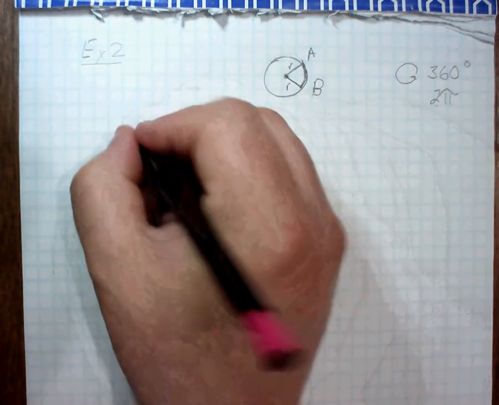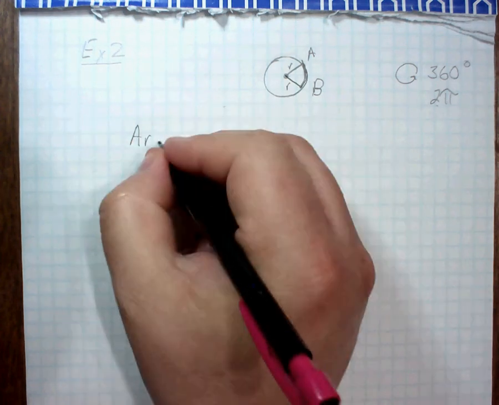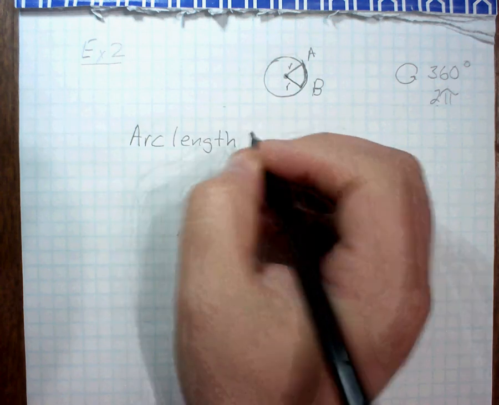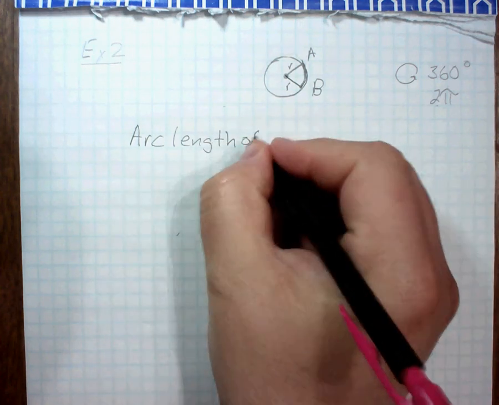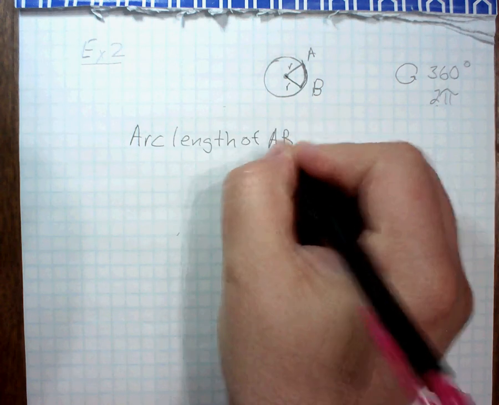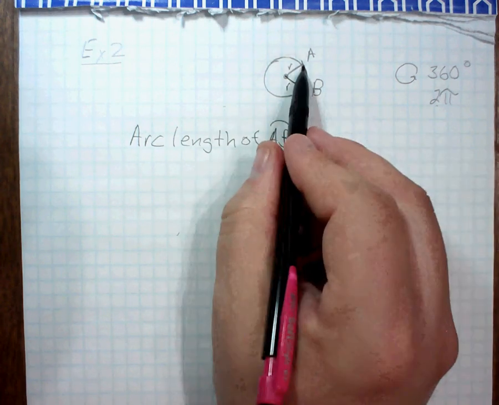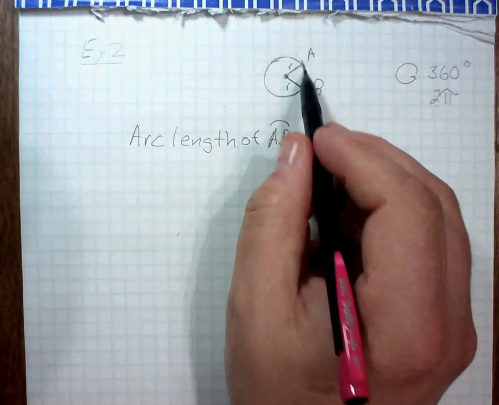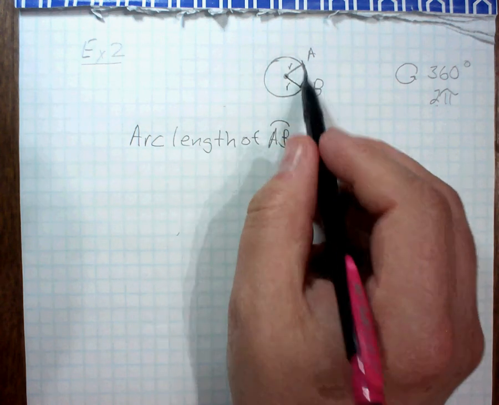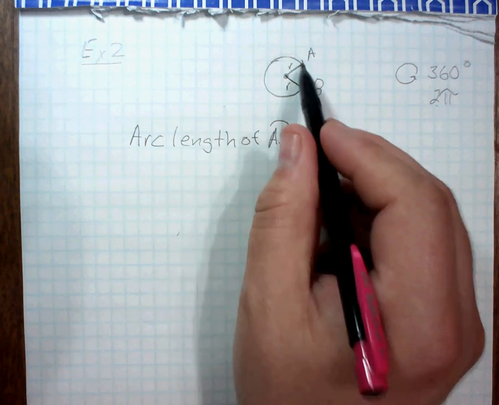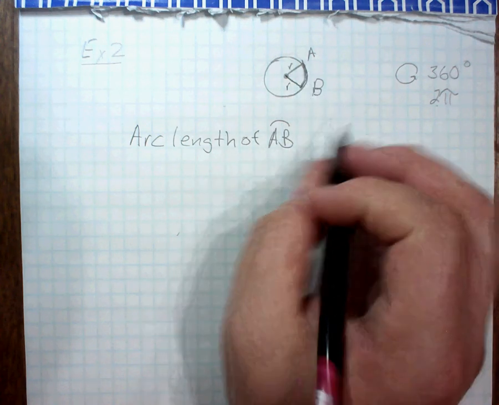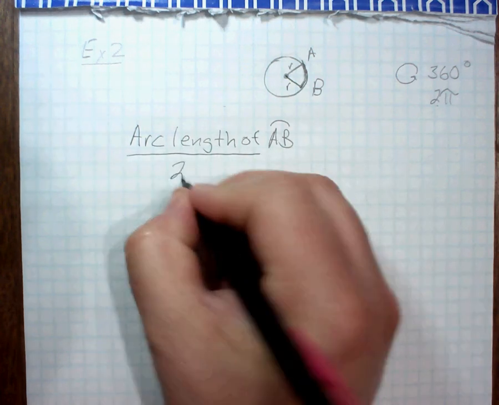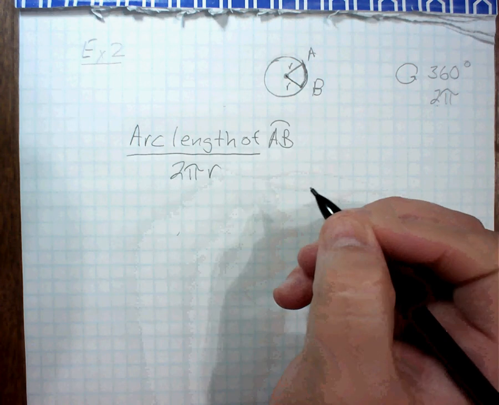So then the relationship, or the math that we're going to use, is that the arc length of A to B. Now before we measured it in degrees, right? And that was just based on the central angle, but now we're actually going to measure it in centimeters, like figure out how long that is if I take a tape measure and measure along that curved path. Whatever it is, it's divided by 2 times pi times r. Okay?